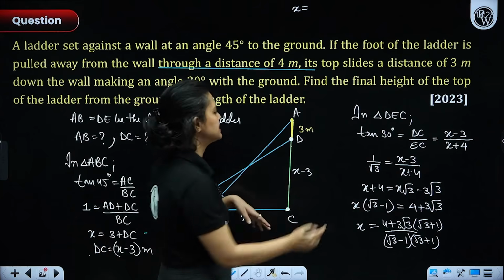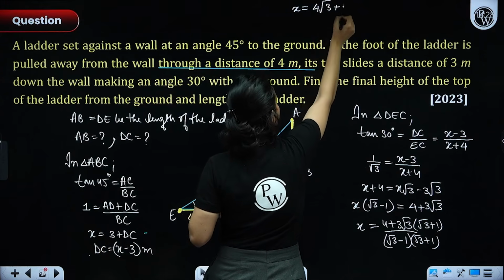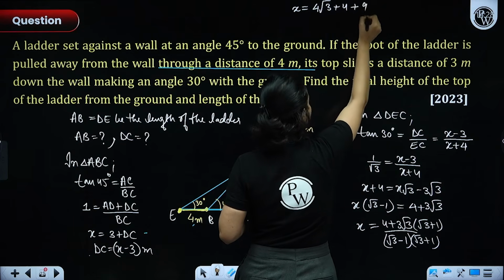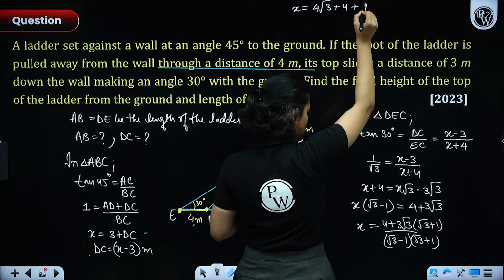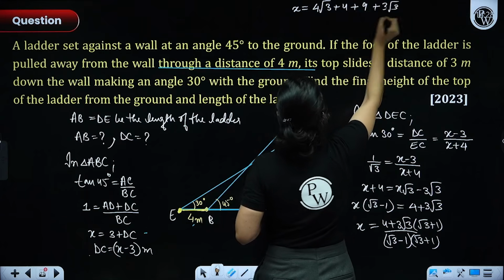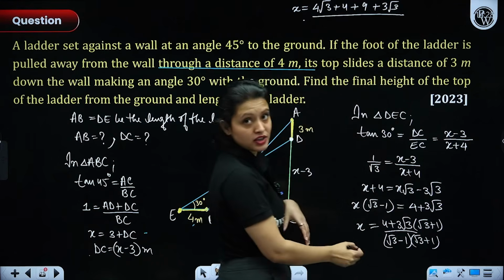I'll just multiply inside. So I'll get 4 root 3 plus 4 plus 9 plus 3 root 3, and divided by, let's not forget, 3 minus 1, which is 2.